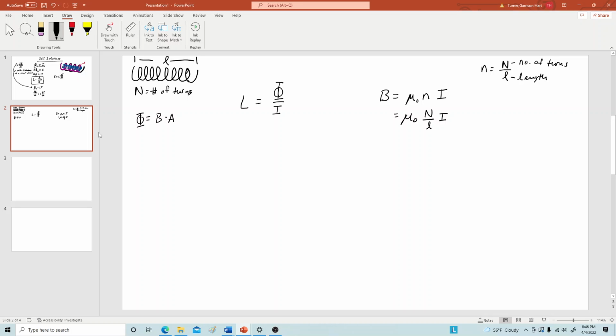The area of each individual circular face, I'm not going to worry about a radius, I'm just going to use the area A. This is the strength of the magnetic field. The flux through a single turn is going to be this.